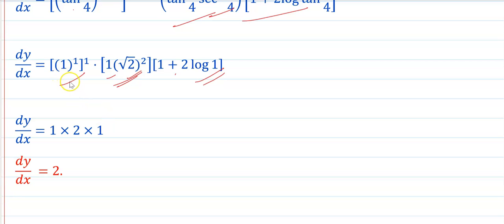Therefore, here you will get 1 into root 2 bracket square, means you will get here 2. Now what is the value of this? Here 0. Okay, and hence I will write here one more step. 1 into 2 into 1 plus 0, that is 1, and overall you will get the answer 2, and hence dy by dx is equal to 2.